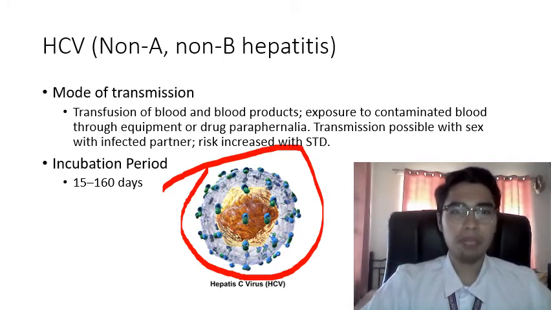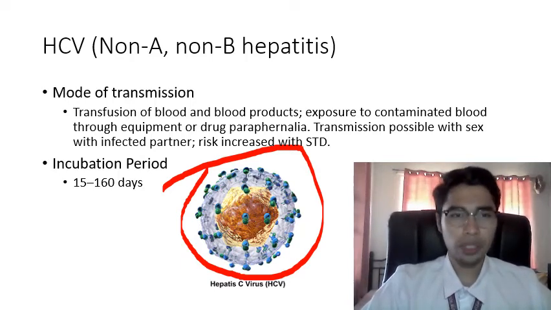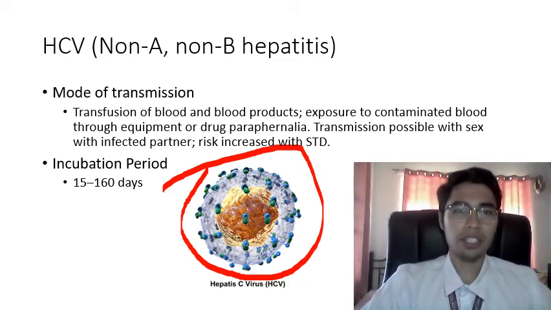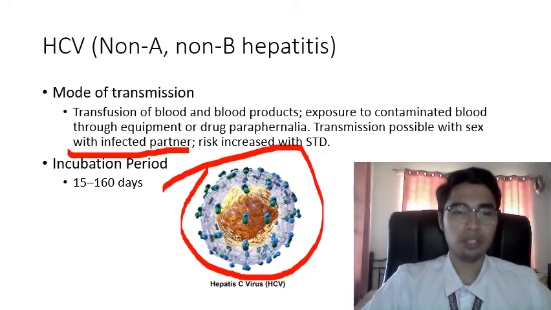Transfusion of blood and blood products. This is the mode of transmission. Exposure to contaminated blood through equipment or drug paraphernalia. Transmission is possible with sex with an infected partner, obviously, especially if the coitus will cause abrasion, which exposes the tissue surrounding the mucosa. Risk increases with STD.